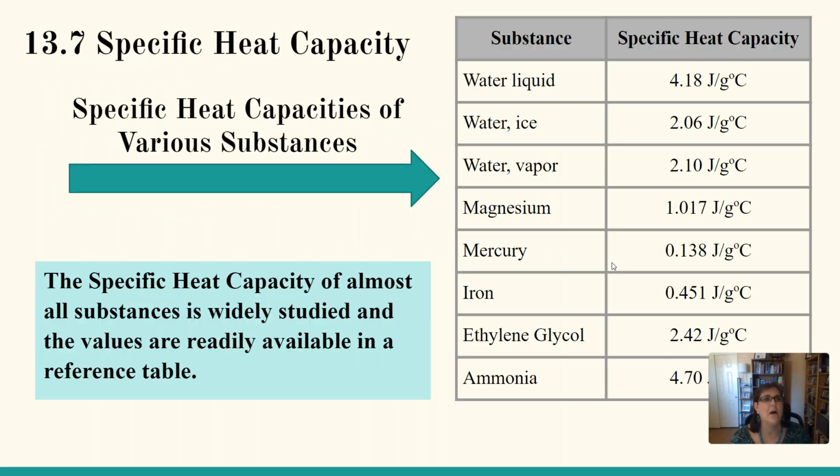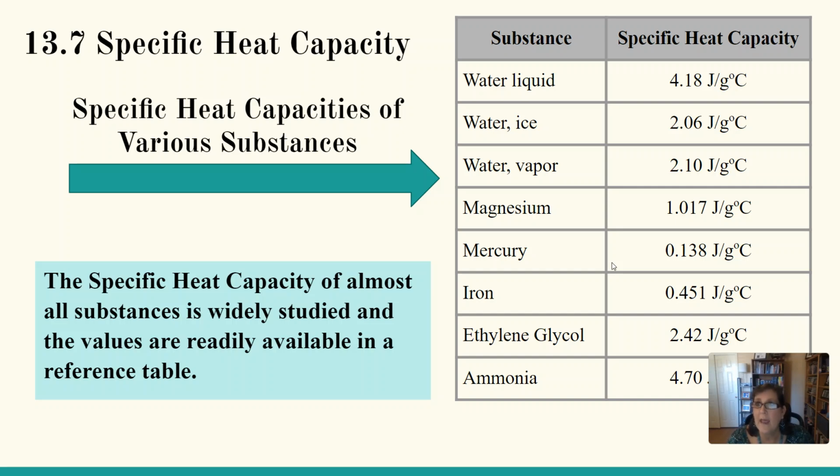Okay, great. Moving on. Specific heat capacity. Specific heat capacity measures how many joules it takes per gram or degree Celsius to heat something up. So specific heat capacities are constants. They can be measured, and they're different for all different substances. So you can find these values in a reference table, specific heat capacity.